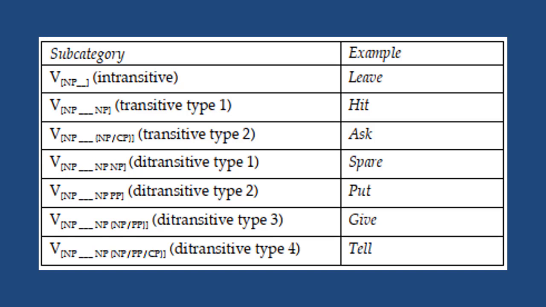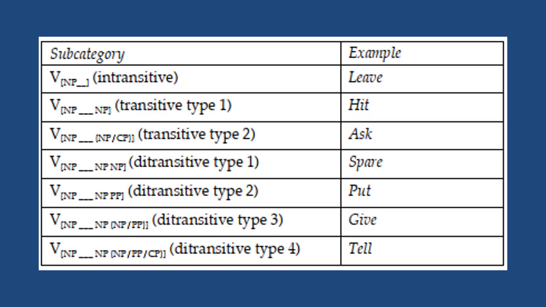Spare, for example, is a ditransitive verb. It requires three arguments, not just two like ask and hit. That is an NP subject, an NP object, and two NP objects.